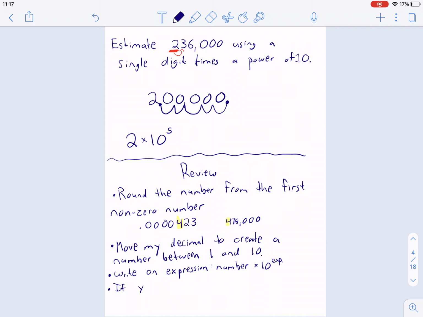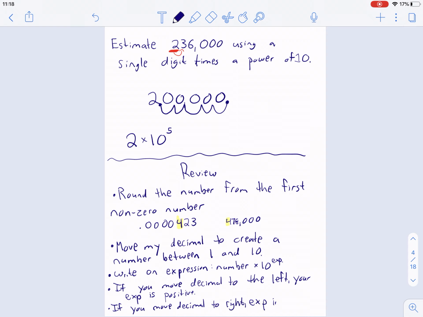If you move your decimal to the left, your exponent is positive. And if you move your decimal to the right, the exponent is negative.